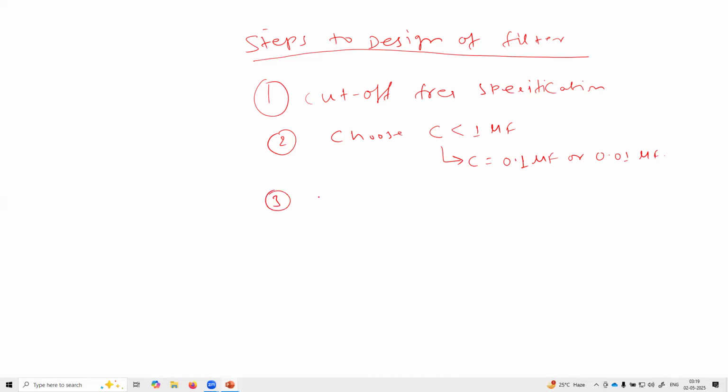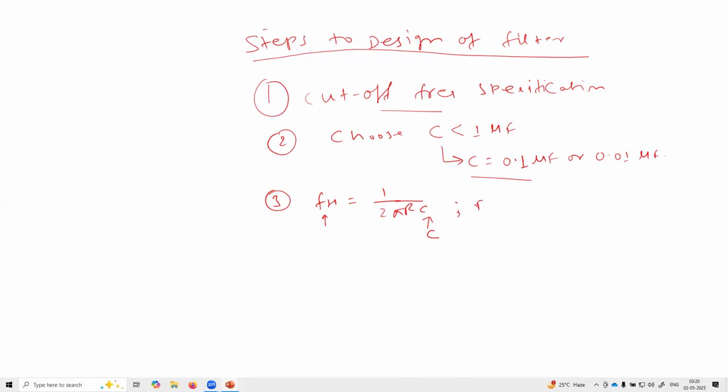The third step is FH is equal to 1 upon 2 pi R into C. We have already decided the value of C from here, and the value of FH from the first step.